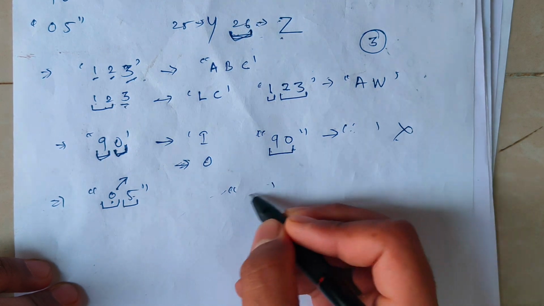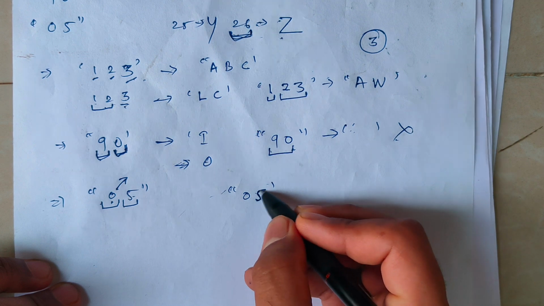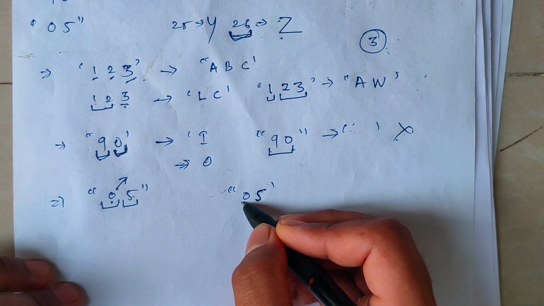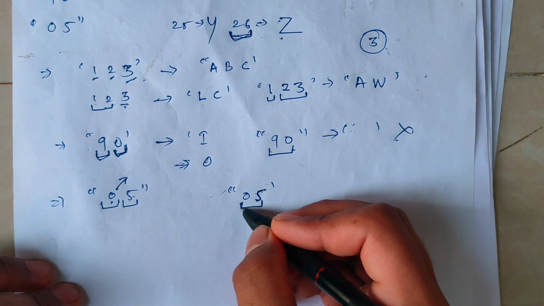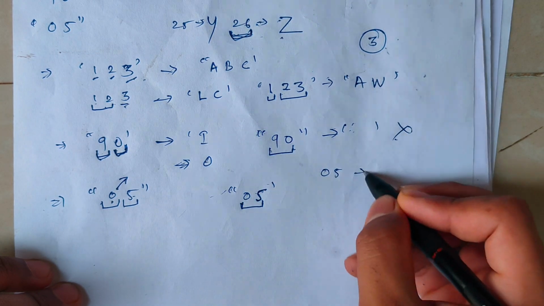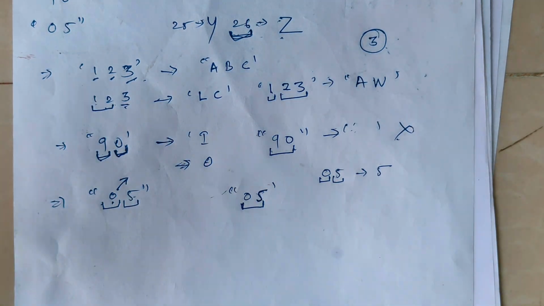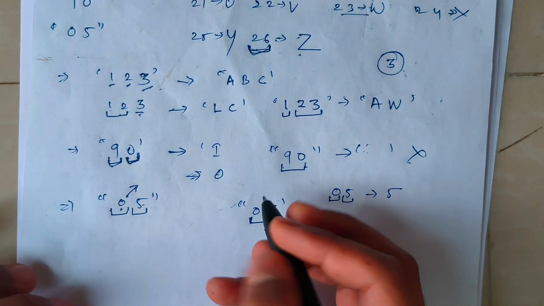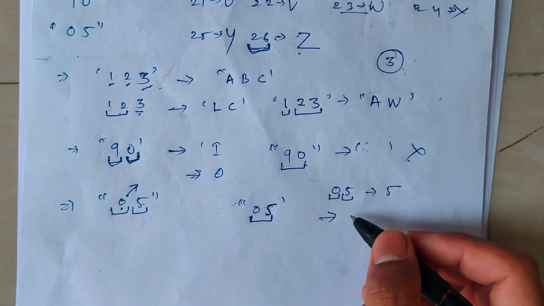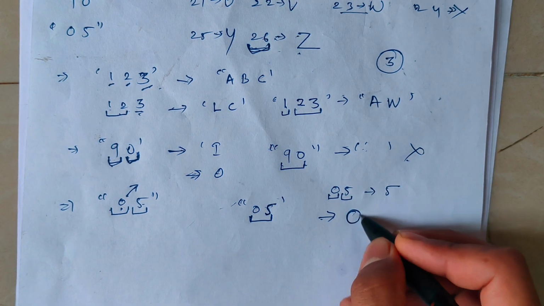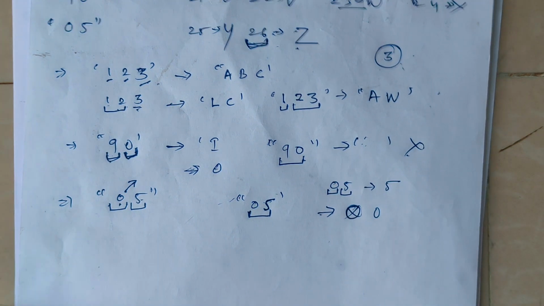And if we take 05, in the problem it is mentioned that we cannot consider 05 as 5, because every digit is different. That's why 05 cannot be decoded either. So in this case also we need to return 0.